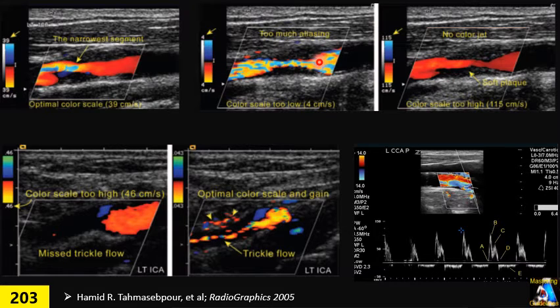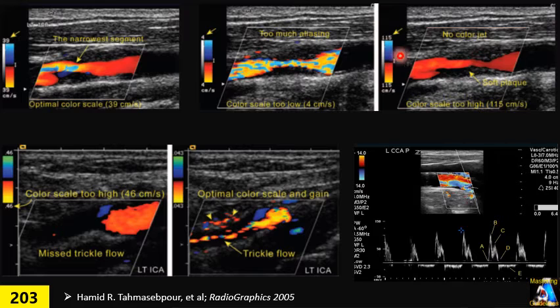Turbulence and aliasing, even though we can see a narrowing spot, the color pretends that there is turbulence at this level and this level too, but it is only here.